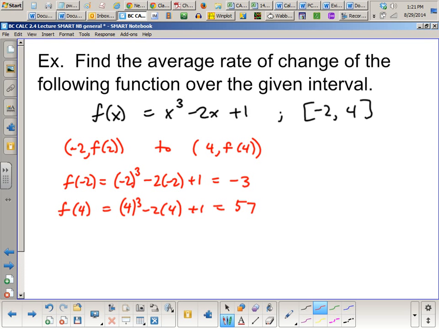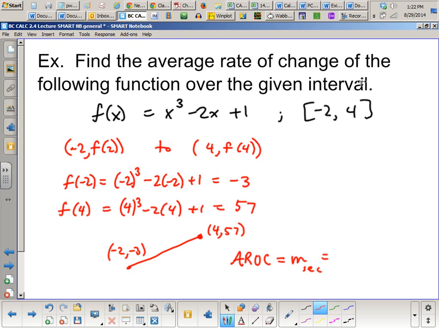So we're going from the point (-2, -3), we're drawing a straight line to the point (4, 57), and we're just finding the slope. This is simple stuff. So we call it average rate of change, but it's really just the slope of that secant line. So we call that m sub sec.